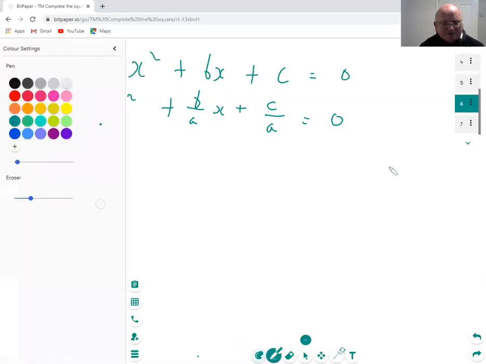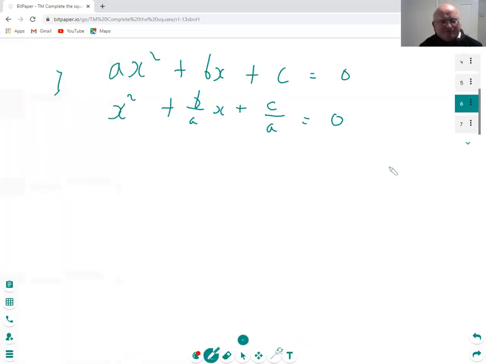Now this is where I'm going to choose a different colour, because this is like a side branch in our investigation. Completing the square involves taking half of the coefficient of x, the number before the x, and sticking it in a form like this. Now half of b divided by a is b divided by 2a, and that's squared. I say it's a side branch because we're now just going to multiply this out and see what we get.